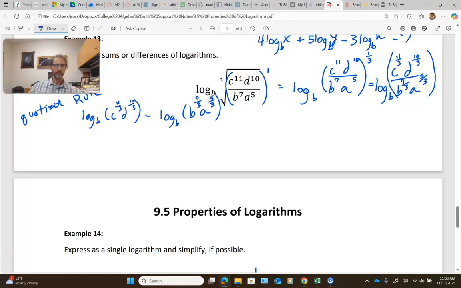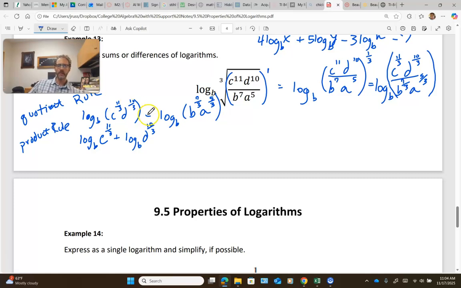Okay, so I've utilized quotient rule. I've split it into two. Now I'm going to utilize the product rule, because I have products in each of these two logarithms. So this will become log base b of c to the 11/3 plus log base b of d to the 10/3.